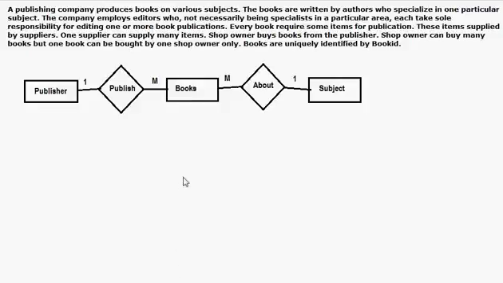So we will have another entity here, author, and the relationship: books written by the author.